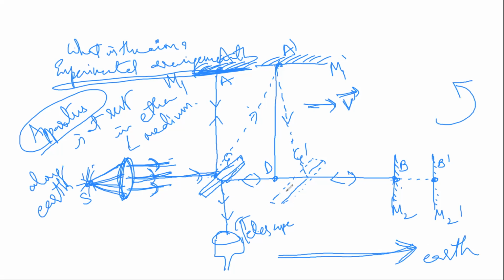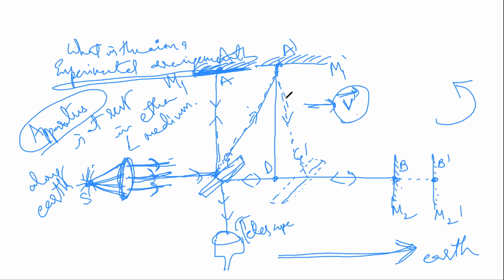Then the path difference will be changing, right? After some time, once this light ray goes there, this entire equipment gets shifted because it is moving with velocity v, right? So the ray no more hits here, but it hits here. The reflected ray will hit here.